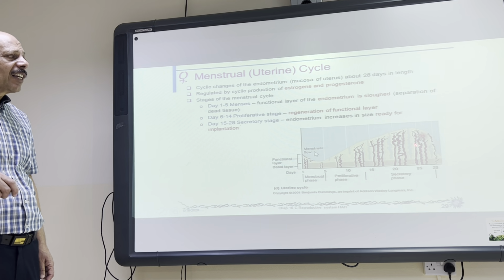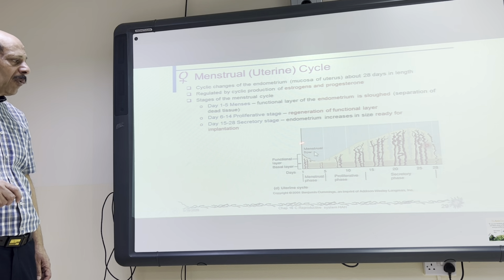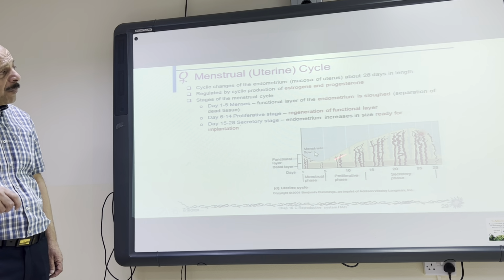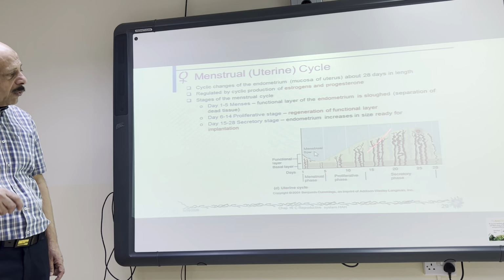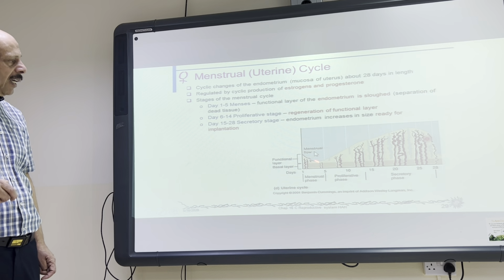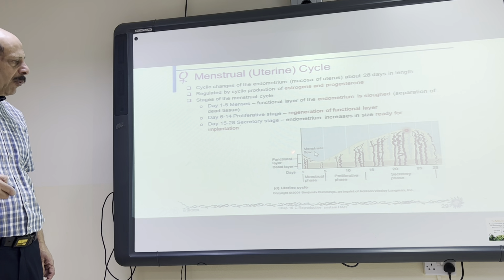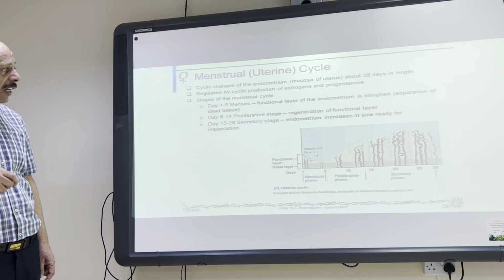If implantation doesn't happen, what will happen in this case? We come back to the first phase, the menstrual phase, where the sloughing of the endometrium will happen, and it will go out from the vagina as vaginal bleeding, with the endometrium coming out with it. So it is of 3 phases.